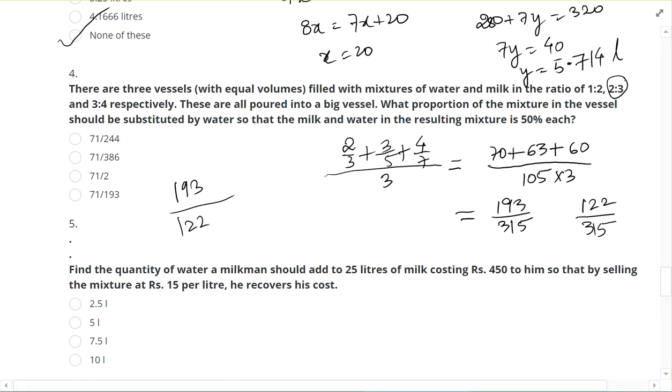Now, if I am removing x proportion from the mixture, then 193x will be removed, and here 193x will be added. And the ratio will be 1 by 1 because 50% each.